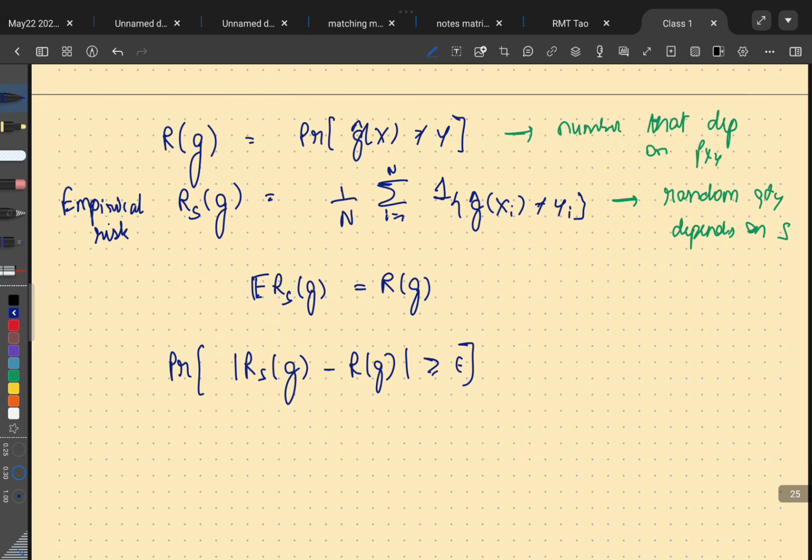Variance of R_S of g? That's a very loose bound. A Chernoff bound, we can say. I can use a Chernoff bound. I could, of course, use the Chebyshev inequality to get a bound on this, but I think that's too weak.